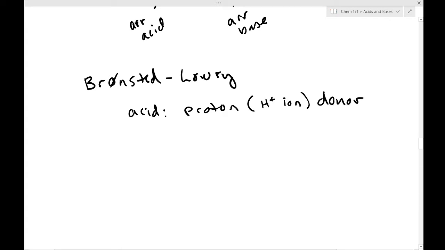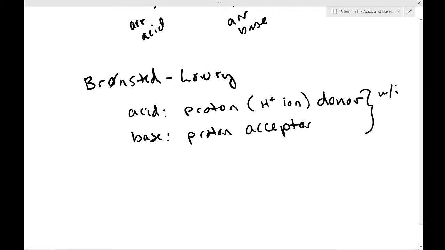Okay, so it donates a proton, and a base is defined as a proton, H plus ion acceptor. Okay, and both of these are within a chemical reaction.